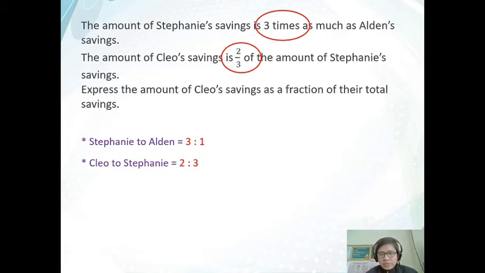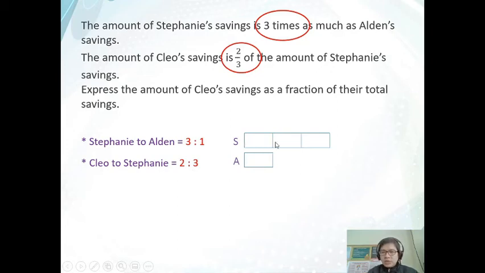From the ratio, we can make it into bar models. From the first ratio, the bar model is: Stephanie has 3 units, and Alden is only 1 unit. From the second comparison between Cleo and Stephanie, Stephanie is still 3 units. This one is already matched, right?